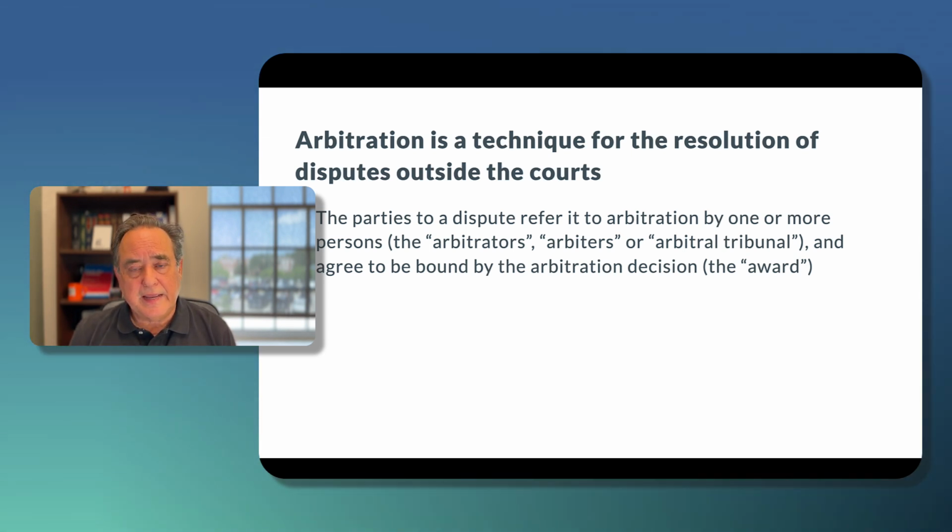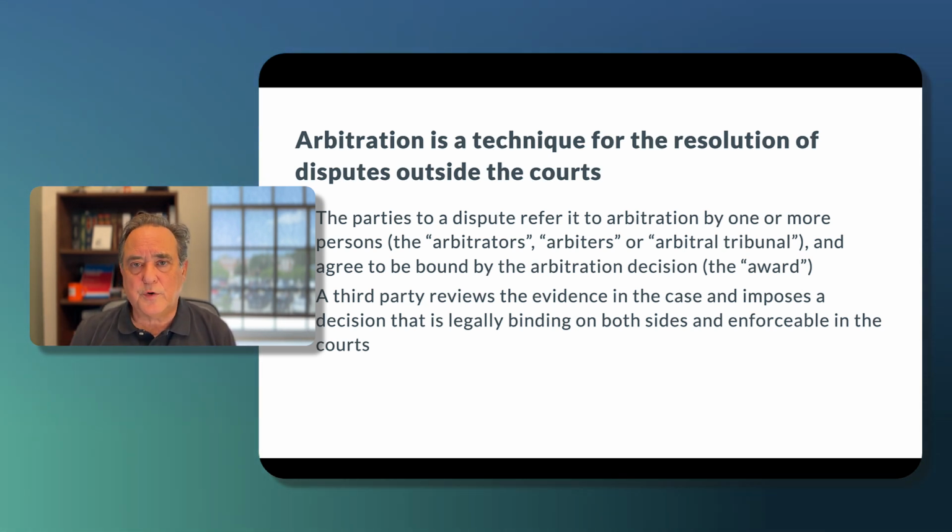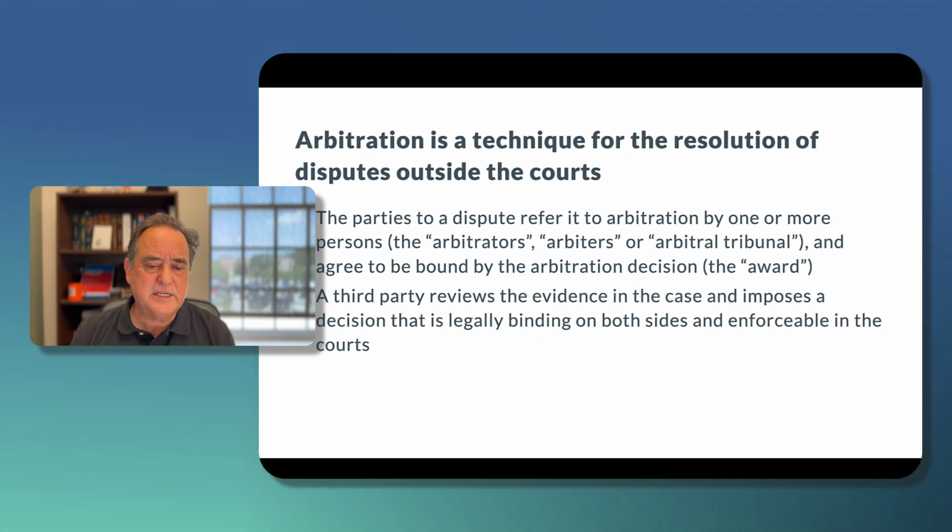And when you enter into an arbitration, you agree to be bound by the arbitration decision, which we call the award. Now, in an arbitration, a third party, the arbitrator or the arbitration panel, will review the evidence, much like a court would, and impose a decision that binds both sides.